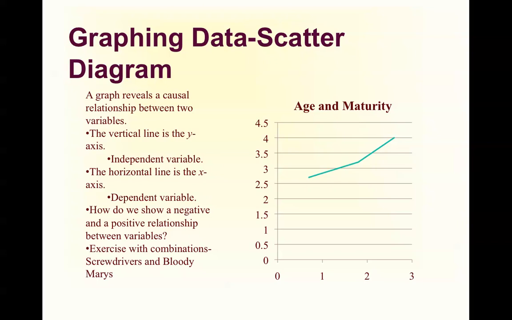So the y would be the independent variable, and the x would be the dependent variable, and y would be the age, and x would be maturity.